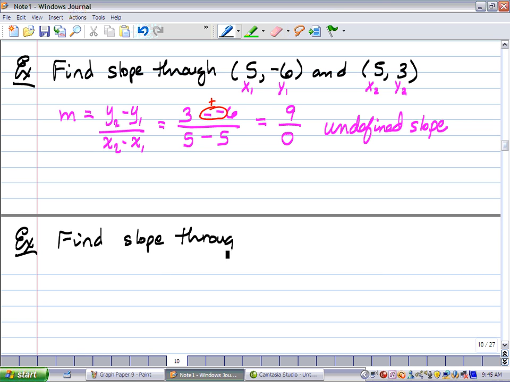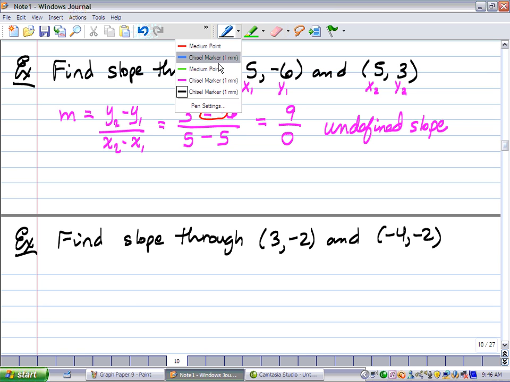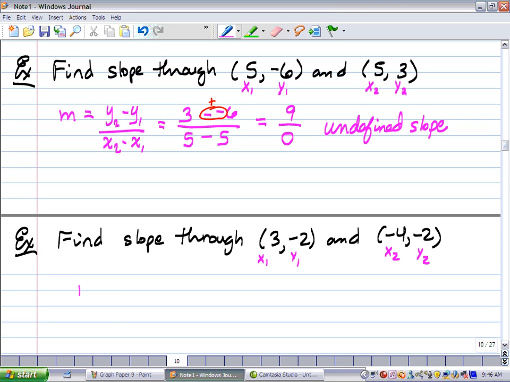So let's find the slope through 3, negative 2, and negative 4, negative 2. This one, we have x1, y1, x2, y2, and the slope will be y2, which is negative 2, minus y1, which is negative 2, over x2, which is negative 4, minus x1, which is 3.